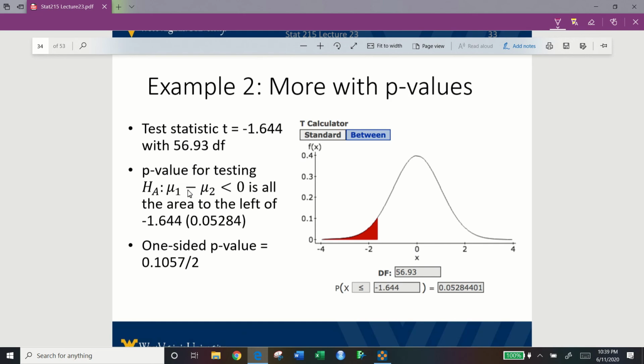If we examine the situation where it was less than 0, our t-statistic and degrees of freedom would remain the same. But if we are interested, we could go into the t-calculator, plugging in the degrees of freedom and the appropriate test statistic, having less than, enter, and we can get our one-sided p-value.